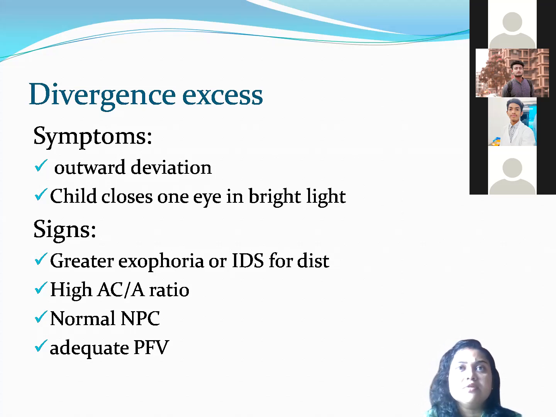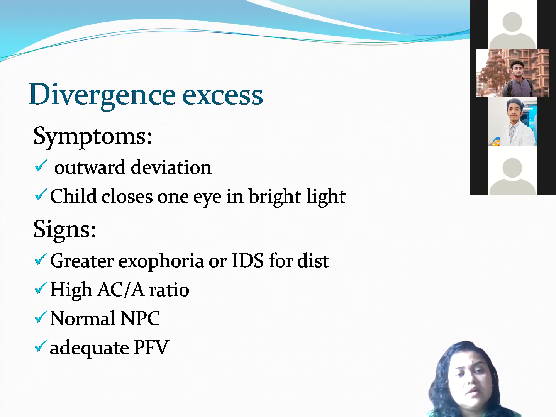With the Maddox rod, in case of divergence excess, the amount of exophoria for distance will always be greater compared to the near exophoria. But in convergence insufficiency, the amount of exophoria for near will always be greater. So that is the main difference.